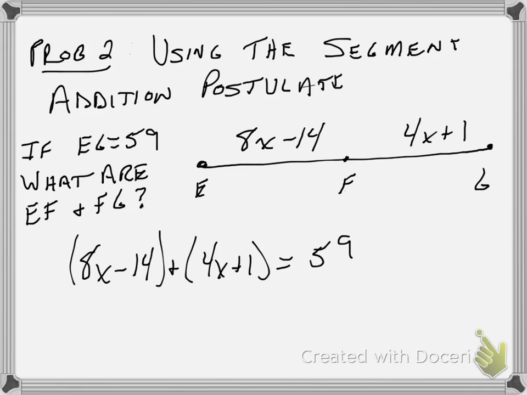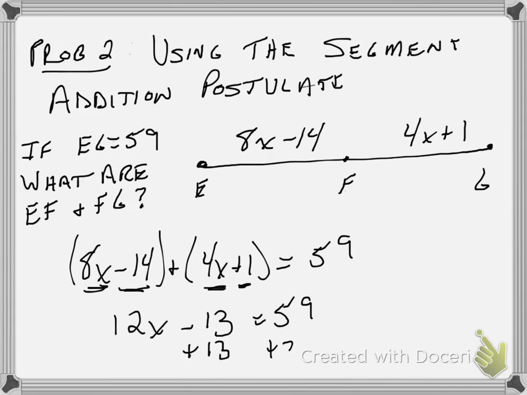If we're going to solve here, the first thing we want to do is combine like terms. So 8x plus 4x is 12x. Negative 14 plus 1 is negative 13, equals 59. And then we're just solving. Add 13 to both sides. You end up with 12x equals 72.